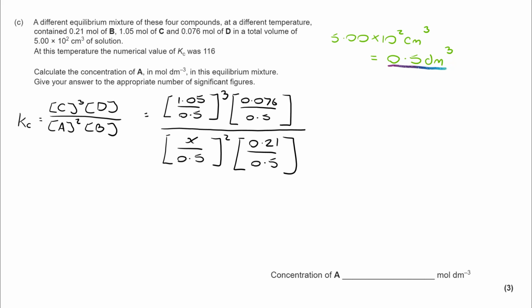But what I can do is recognise that this is equal to 116. Rearrangement will find the number of moles. You don't actually need to do x over 0.5. If you leave it as x, it goes straight to the concentration, but you will end up with 0.17 mol dm to the minus 3.